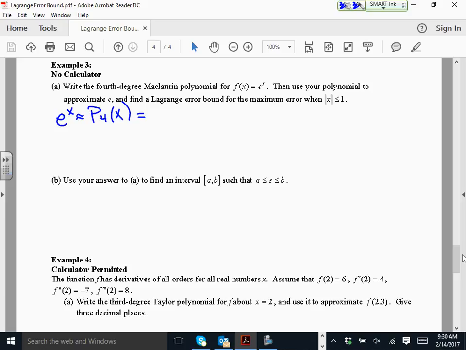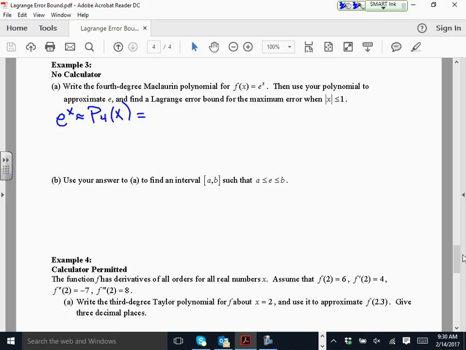This is the easiest Taylor polynomial, or Maclaurin polynomial, ever, right? e to the x. This is one that we'll eventually memorize the pattern for, because it's pretty easy.